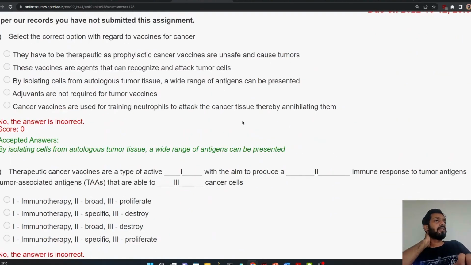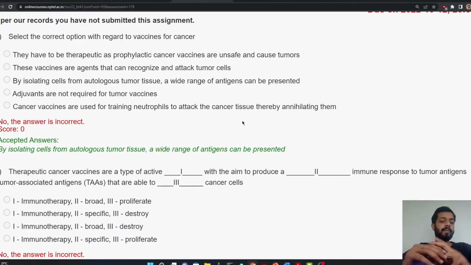Therapeutic cancer vaccines are a type of active dash with the aim to produce dash immune response to tumor antigens or tumor associated antigens. Option B, sir. Okay, so you're saying therapeutic vaccines are a type of active immunotherapy with the aim to produce a specific immune response to tumor antigens or tumor associated antigens that are able to destroy cancer cells.